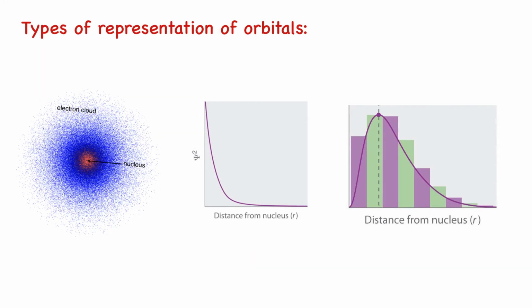In summary, we have three different kinds of plots to visualize the orbitals: the electron dot plot, the probability plot, and the radial probability distribution plot. Next, we are going to represent the other orbitals in these three different types of plots.